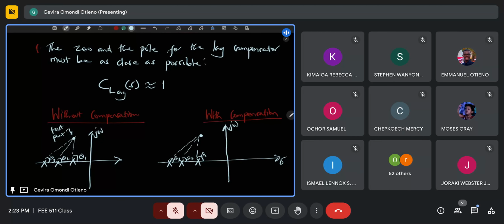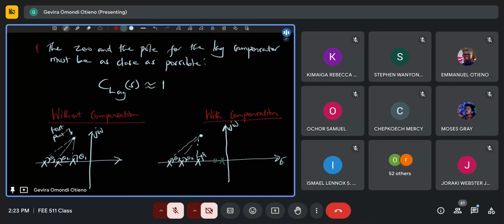But ladies and gentlemen, we are doing a lag compensation, so our compensation needs to add the pole and the zero. I've told you they must be as close as possible, not just to each other, but also to the origin. That's also very important.